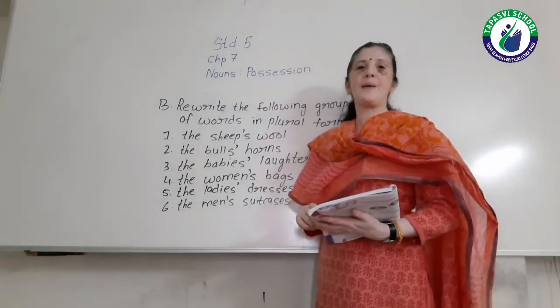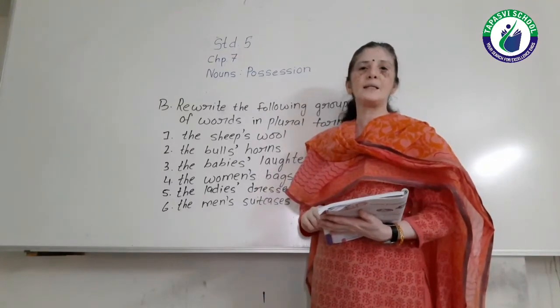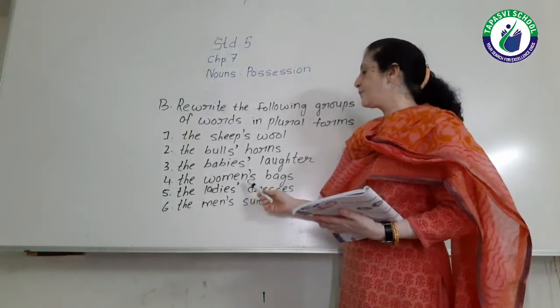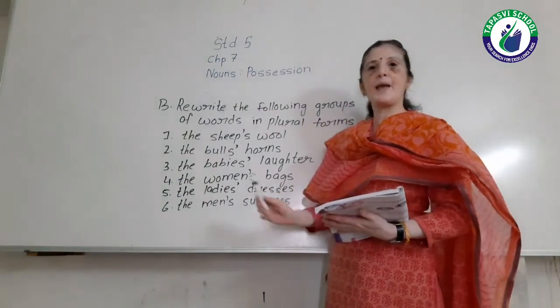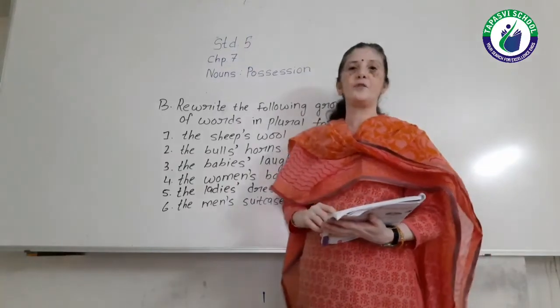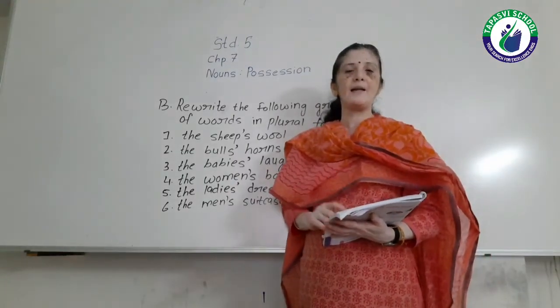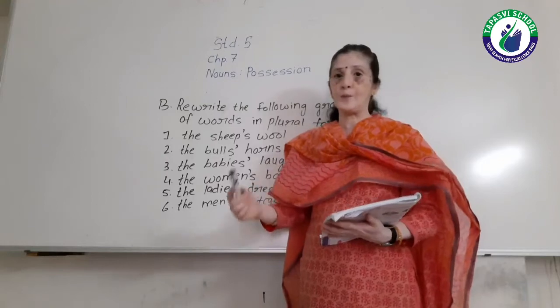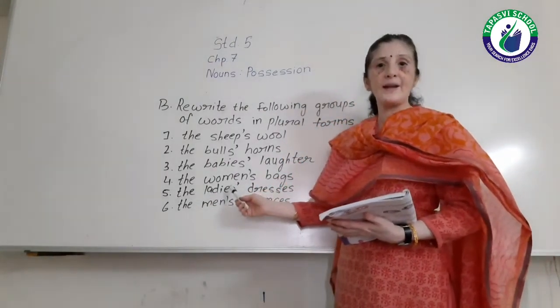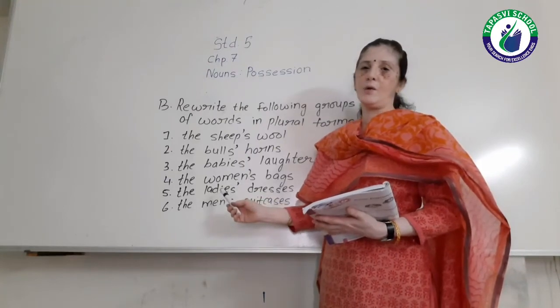The woman's bed. See here singular woman is given. We have to make plural. The women. Women's beds. Right? Make plural. Fifth one is the lady's dress. Here lady singular is given. We have to make the plural of lady. That is ladies. Now the word ends with S. So what is the rule?